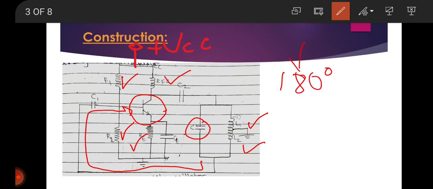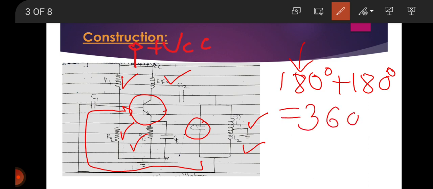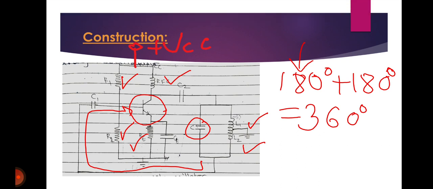So 180 degree phase shift is produced by the transistor amplifier and 180 degree phase shift by the feedback network or the tank circuit. So the total phase shift is 360 degree. So this is positive feedback. Therefore our condition is achieved, the Barkhausen criteria is achieved.